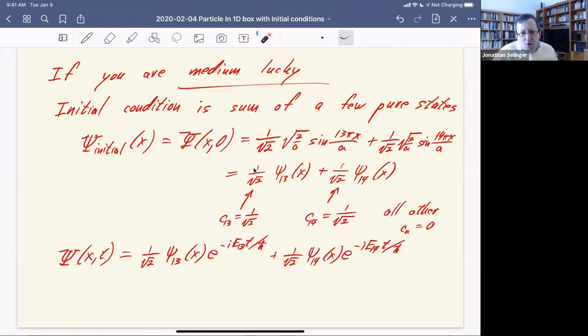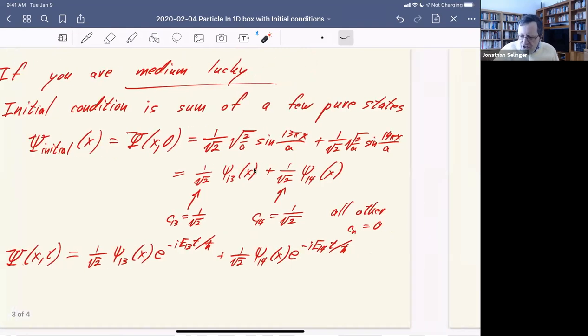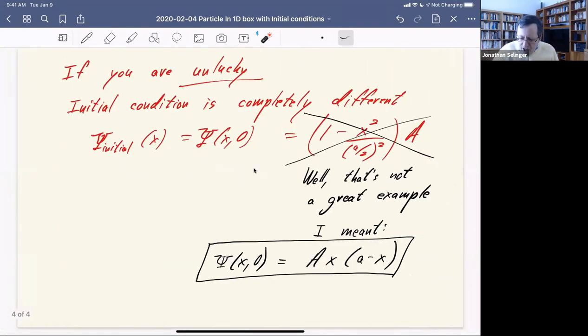Okay, now what if you are unlucky, right? And the initial wave function is just something else, okay? So what if the initial wave function is some other function of x that's not one of these sines? Okay, so in the class on Tuesday, I tried to ad lib an example.